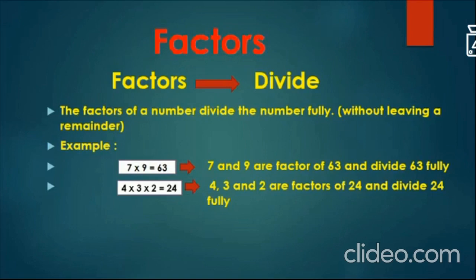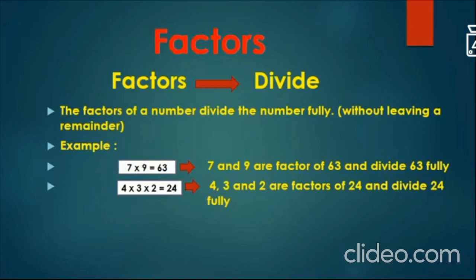That means 4, 3 and 2 are factors of 24 and divide 24 fully. So 4, 3 and 2 are the factors of 24.